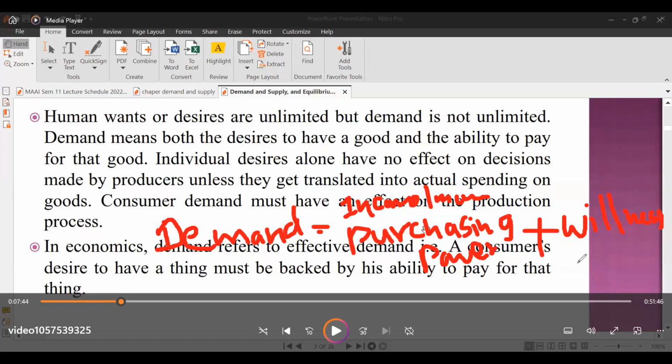So why, there should be some sort of a desire, likeness, or willingness, right? Willingness to purchase. So therefore, to be effective demand, it is compulsory that we consider whether we have ability to purchase, as well as willingness to purchase.